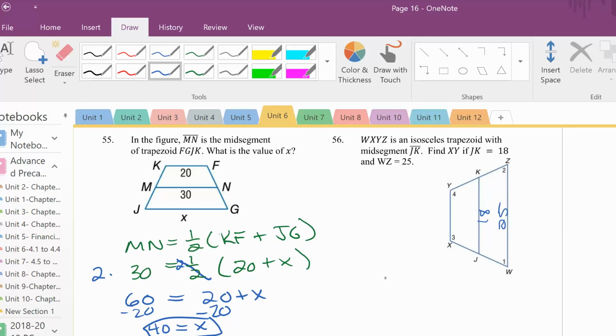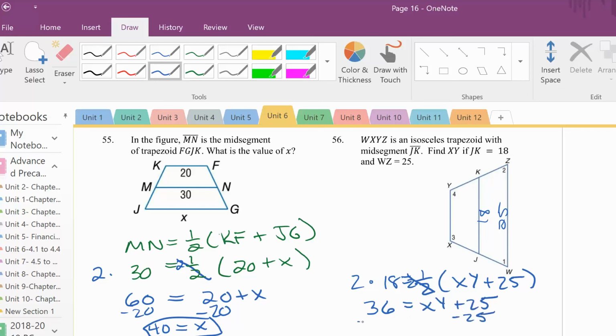So we know here that 18 is equal to 1/2 of XY plus 25. If you multiply by 2 to get rid of the fraction, 36 equals XY plus 25, and then subtract 25, you get XY equals 11.